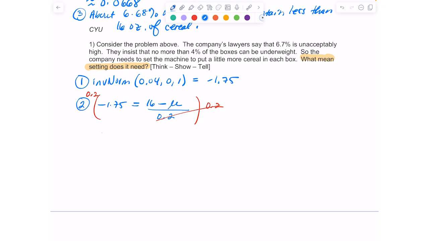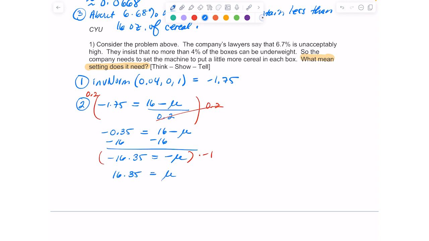And when I multiply 0.2 times negative 1.75, I get negative 0.35 equals 16 minus mu. And then I want to solve for mu, so I'm going to subtract 16, and I get negative 16.35 equals negative mu, and of course you can't have negative mu, so we're going to multiply by negative 1 to get positive mu. So that would just be 16.35 equals mu.